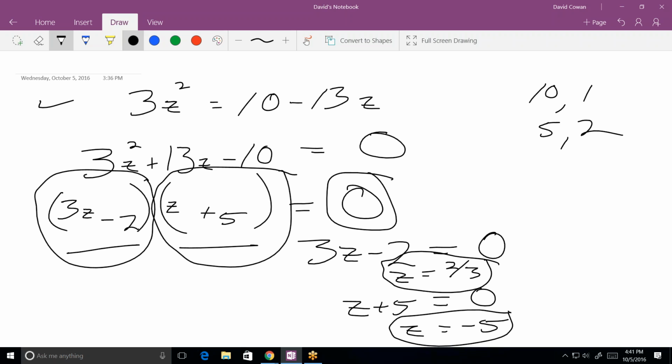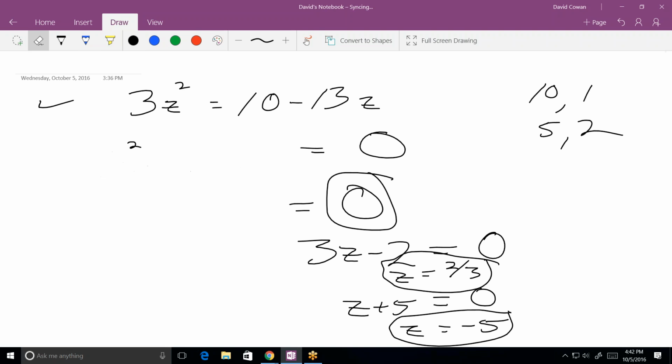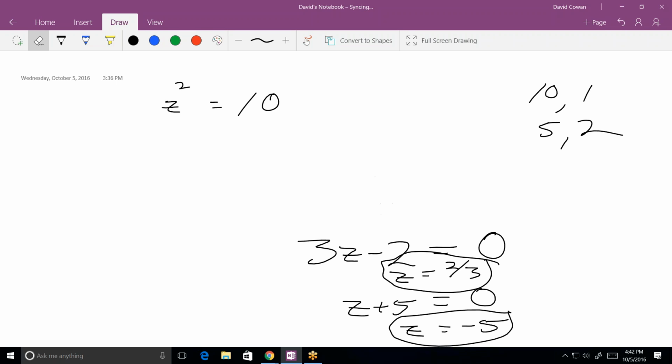Okay? So that's the essence of solving quadratics, is putting everything on one side and setting the other side to 0. Now, it's a little different if you did not have the z term. Let's say I had something like that.